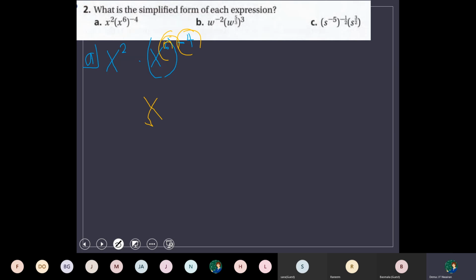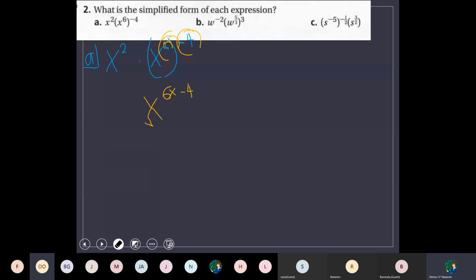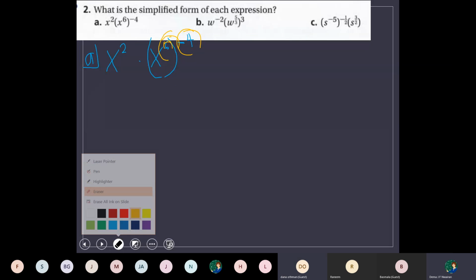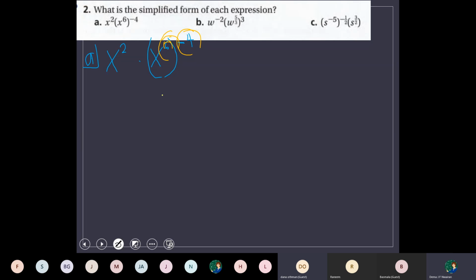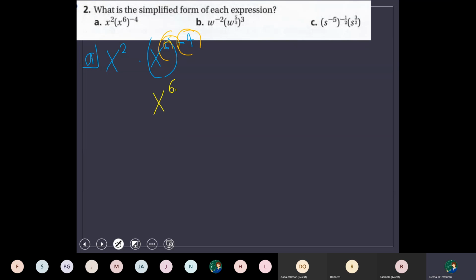So x raised to the power 6 multiplied by negative 4 will be 24, negative 24. So it will be x to the power negative 24.